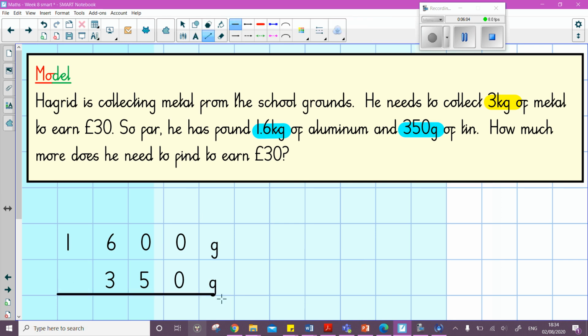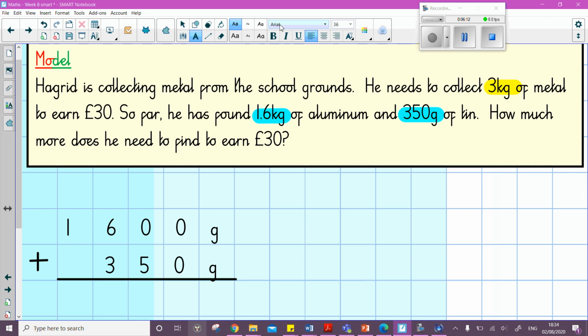So I'm going to draw my line below, and I'm going to make clear what operation I am doing. So when we are adding using our written method, we always start from the ones. So 0 add 0 becomes 0. 0 tens add 5 tens is 5 tens. 600s add 300s, 900s, and then 1,000.